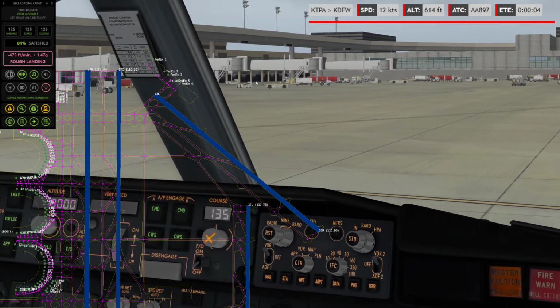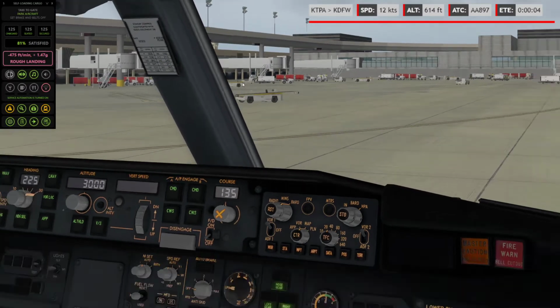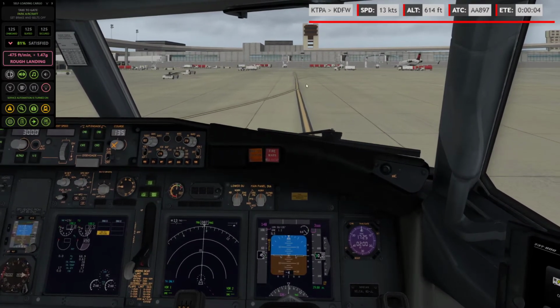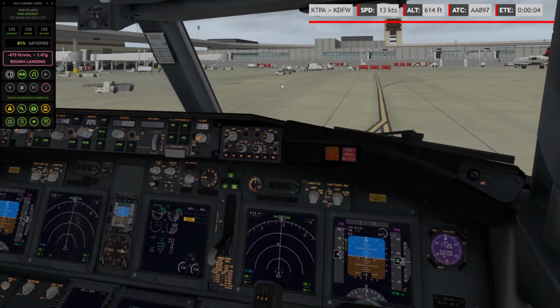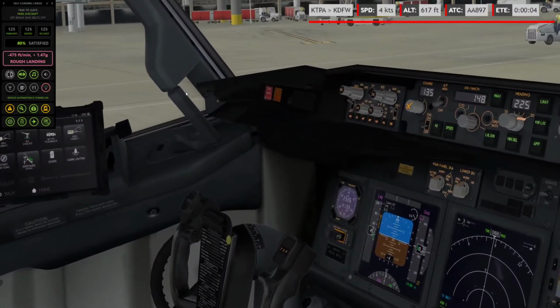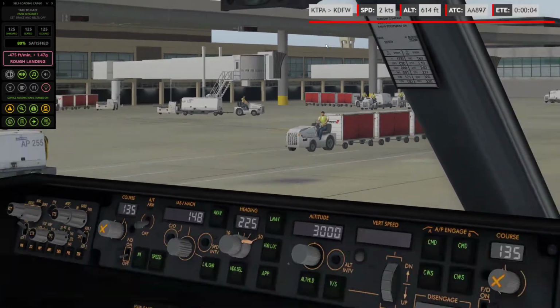I think it's the third one, if I'm correct. Let's go with the third one. Alright. Yeah, that's Bravo 7, so that should be Bravo 6.